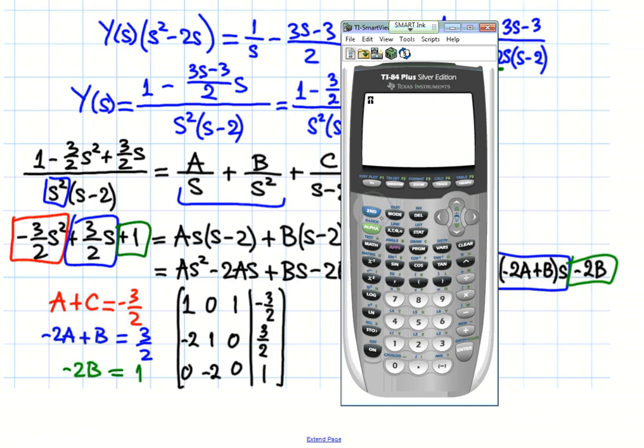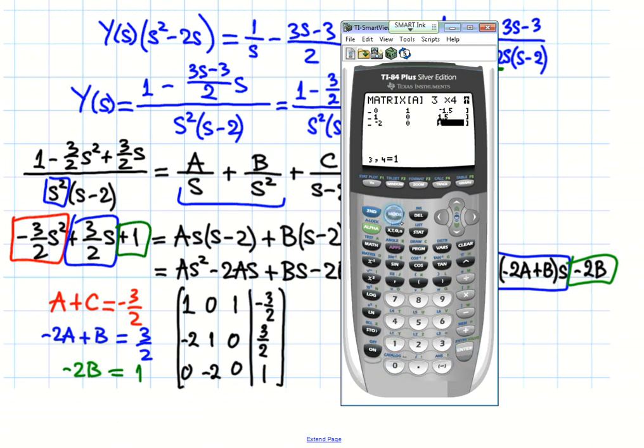I'm using the old form of the matrix, so I have to put the matrix under edit so we can enter the values. 3 rows, 4 columns. I use enter here. 1, 0, 1, negative 3 half, negative 2, 1, 0, 3 half, 0, negative 2, 0, 1.